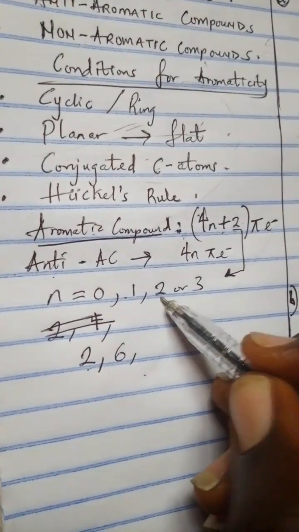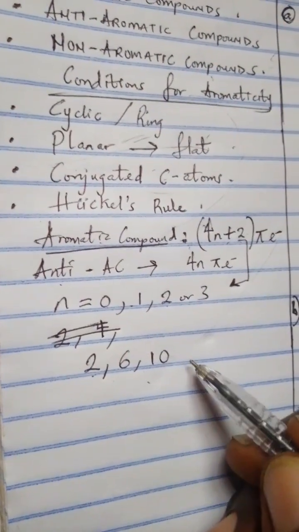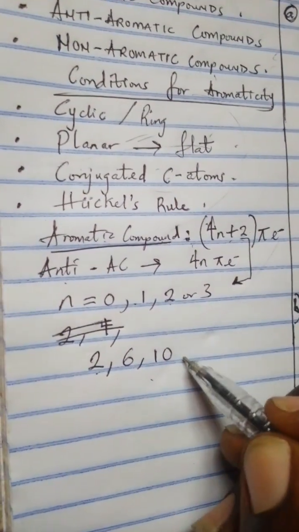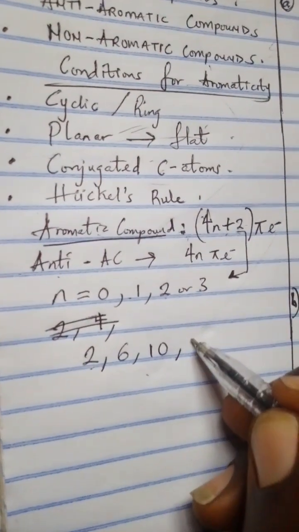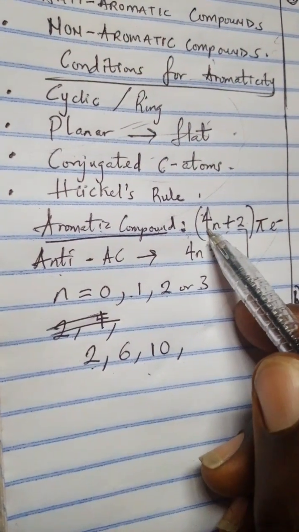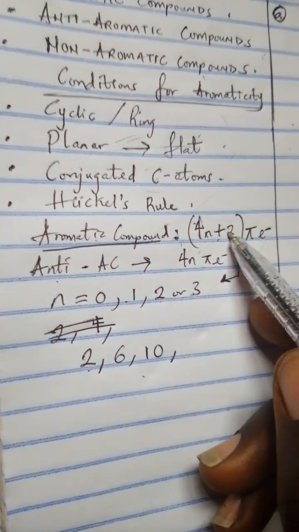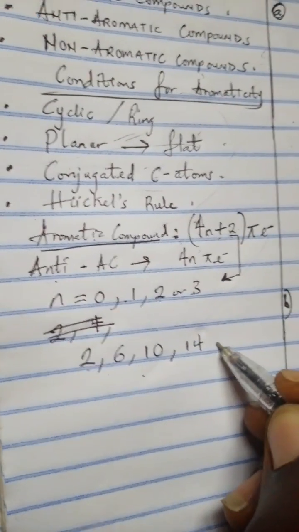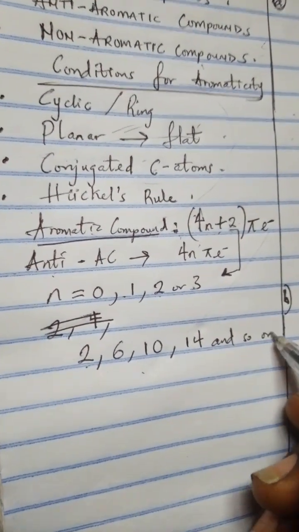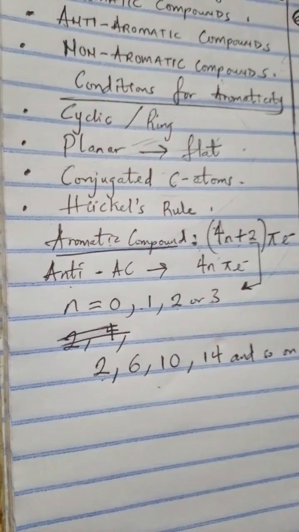If we substitute 2 there, we'll be having 10. That's 10 pi electrons. If we substitute 3 there, we'll be having 4 times 3, which is 12, plus 2. That's 14, and so on. So that's the idea there.